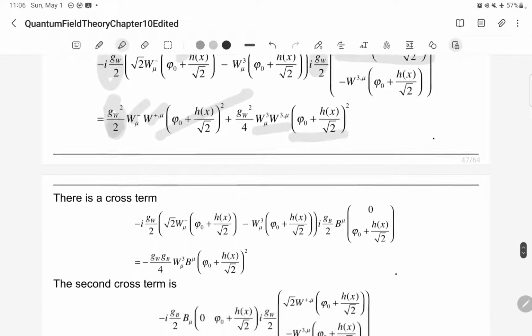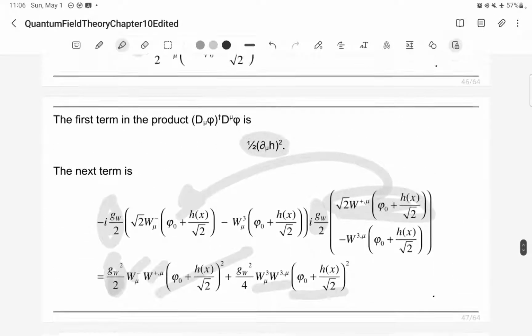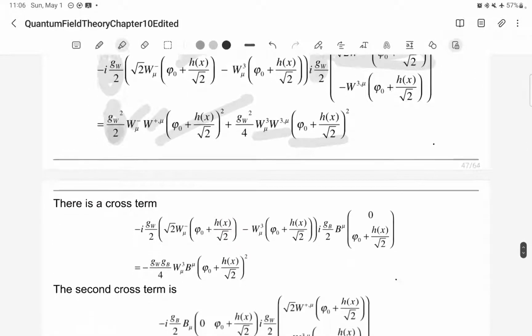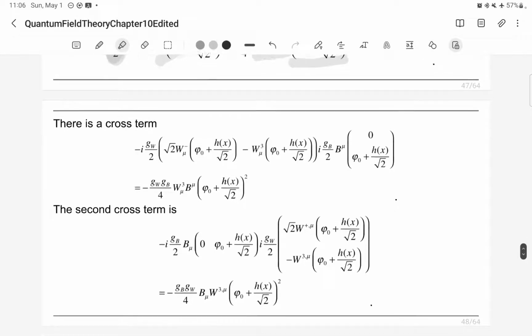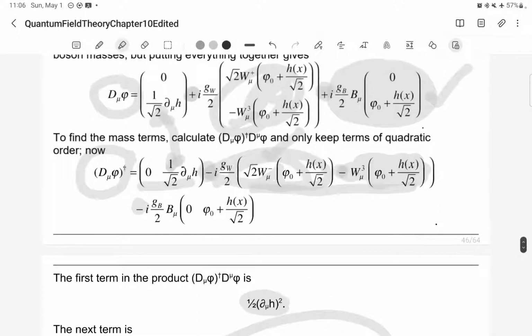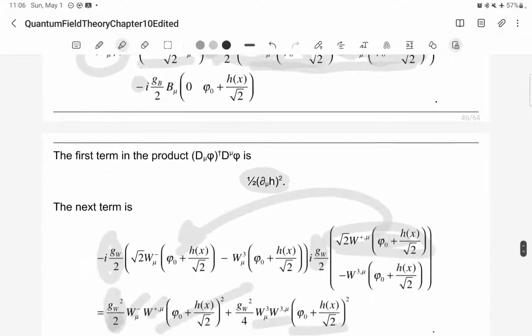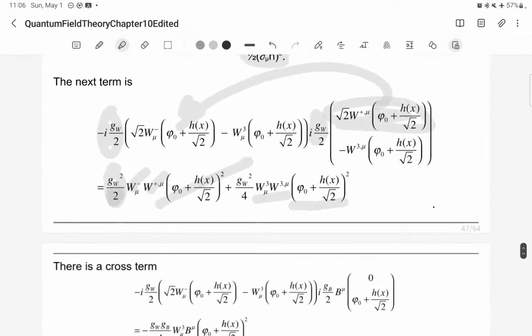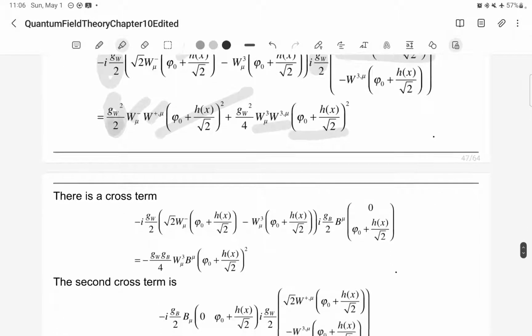Now we have a cross term here. We're supposed to have a cross term, given by this one and this.